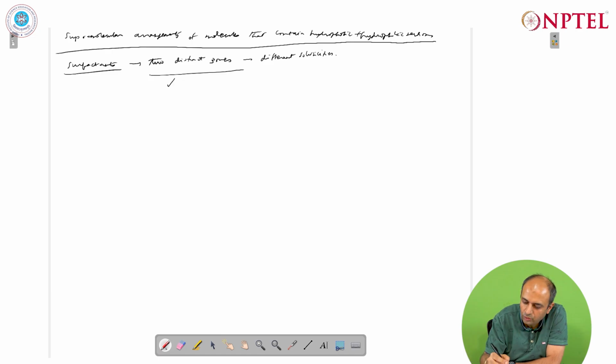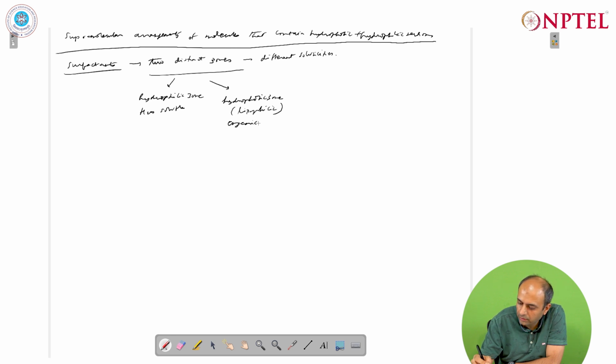So, the hydrophilic zone is water soluble and the hydrophobic or the lipophilic zone, this is soluble in organic solvents.